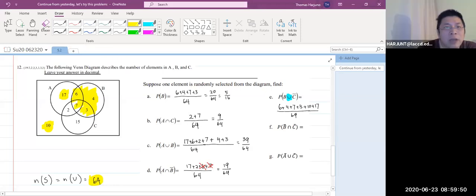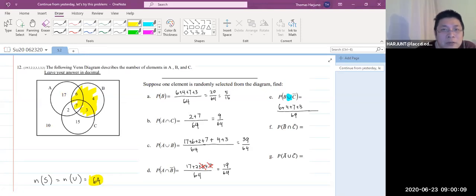Okay, maybe I use a different color. Give me a second. So do we still add the 7 with 3, even though it's in C? Give me a second, okay? This is the one in B. Right?